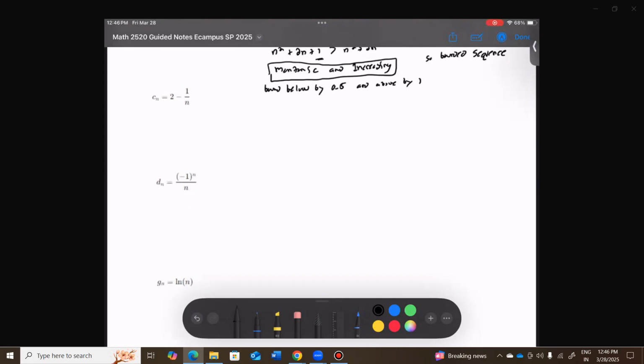So 2 minus 1 over n. Right, so we're going to look at this and compare 2 minus 1 over n plus 1 and 2 minus 1 over n. Okay, we're adding another term on the denominator, so that's going to make that a smaller term.